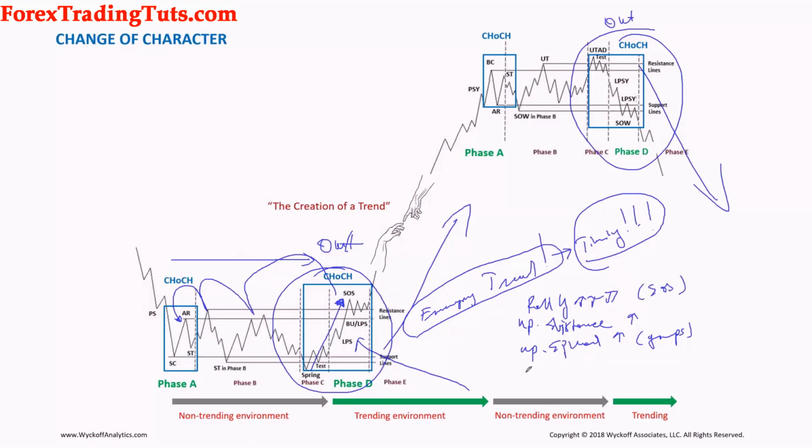And then we also want to see the price behavior, the reactions on that sign of strength. Are they going to exhibit an increase in supply? And if they do, would that supply be absorbed? If it's going to be absorbed, how quickly is it going to be absorbed?